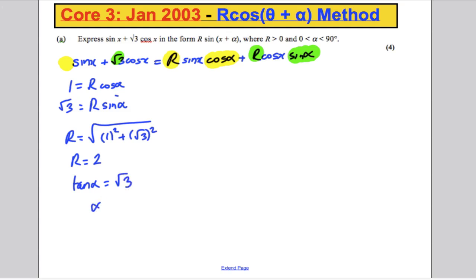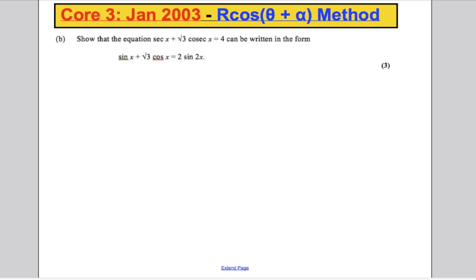So therefore alpha is going to be 60 degrees. If you inverse tan root 3 on your calculator, keeping it in degrees mode, you get 60. So sine x plus root 3 cos x is equal to 2 sine of x plus 60 degrees. And we've done the first part.